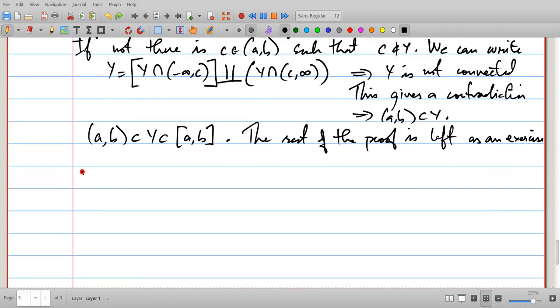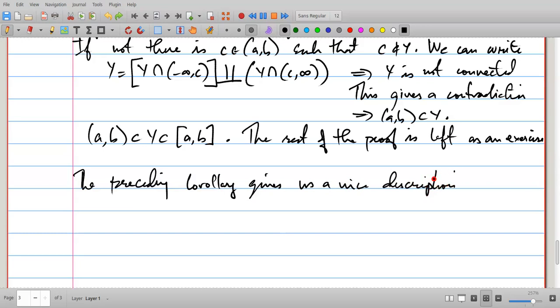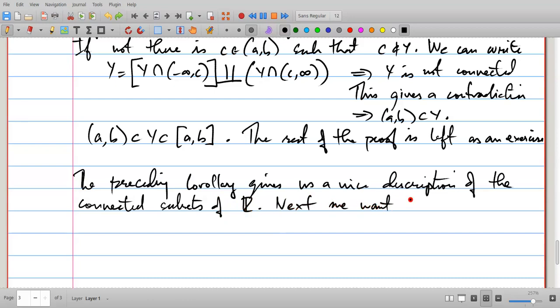So the preceding corollary gives us a nice description of the connected subsets of R. And next, we want to show that R^n is connected.